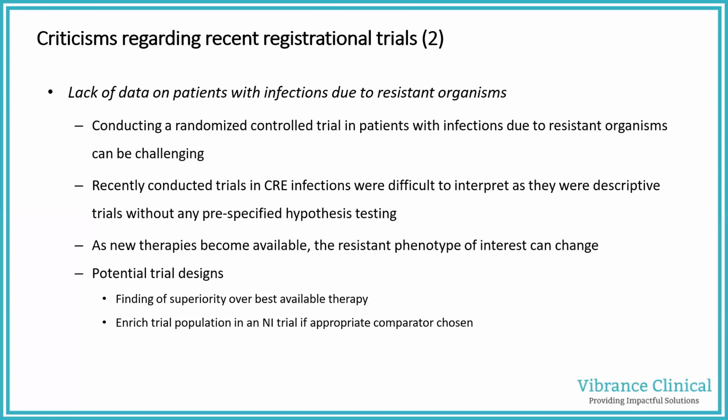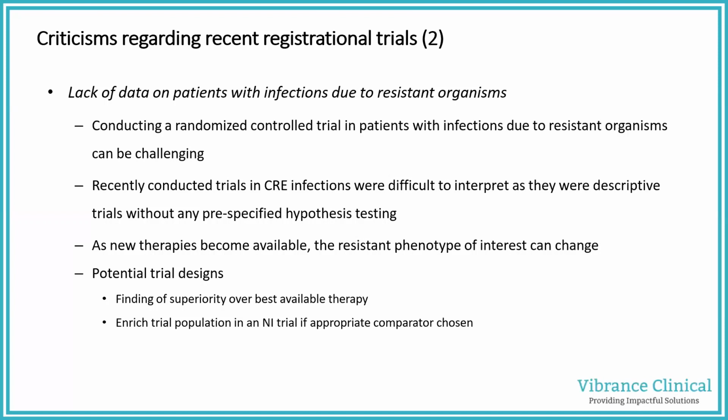Sorry. So the potential trial designs that we look at for most of these antibacterial or antimicrobial programs are finding of a superiority over the best available therapy. So that's a typical standard. We have an available therapy and I have a new product and I want to compare it head to head and actually find out the superiority of this particular product compared to the other product.